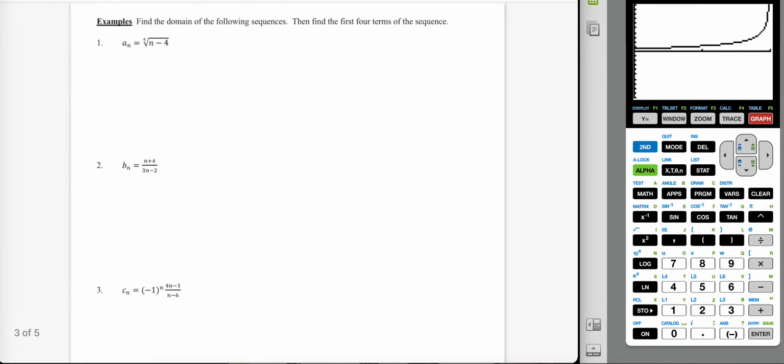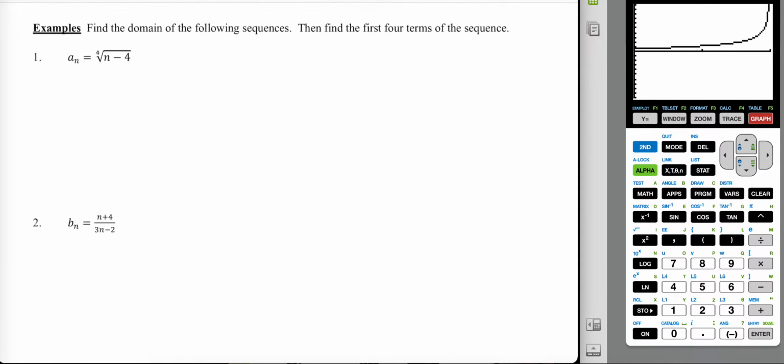So if you're asked to find the domain of a sequence, it really just boils down to your knowledge of functions, but bearing in mind that you're only working with positive integers. In this case, I don't want to have negatives under an even radical, so I want n minus 4 to be greater than or equal to 0. So I want n to be greater than or equal to 4. We need to be a little bit more specific than that.